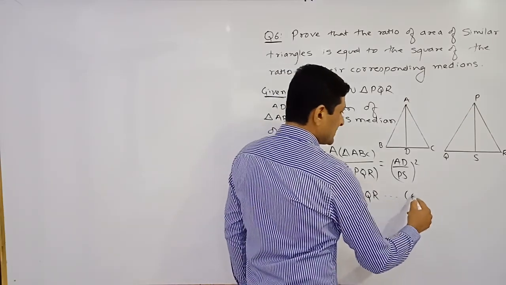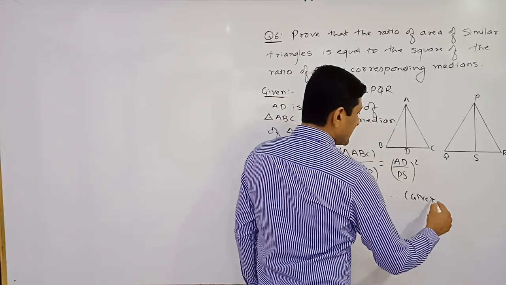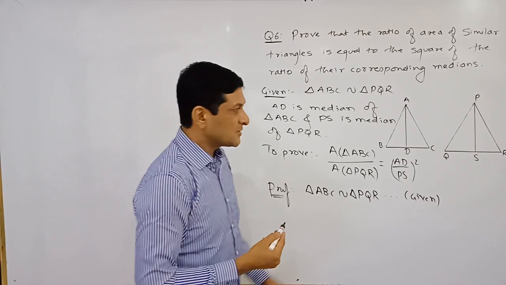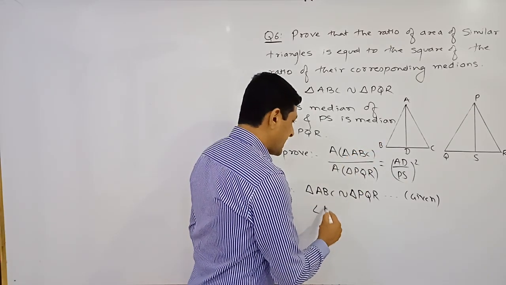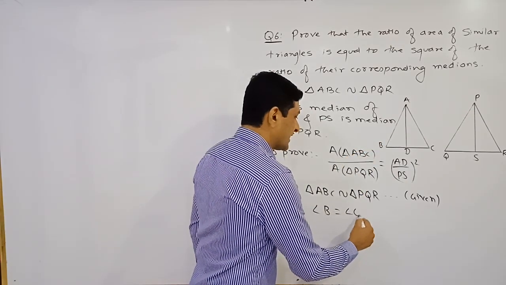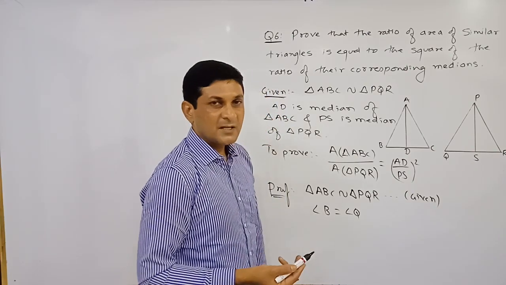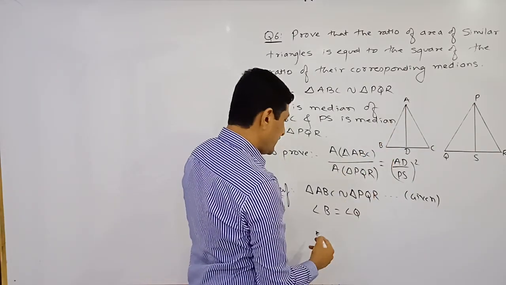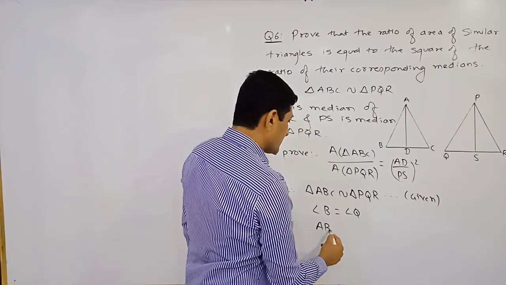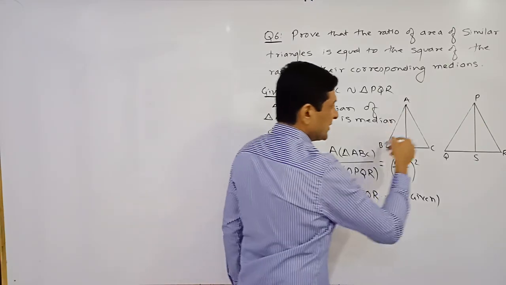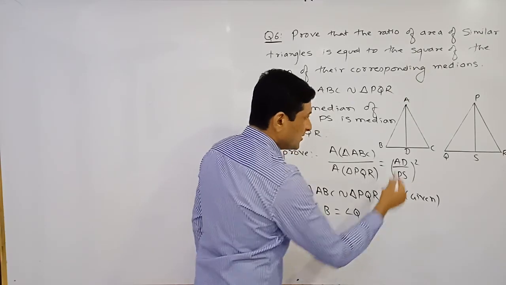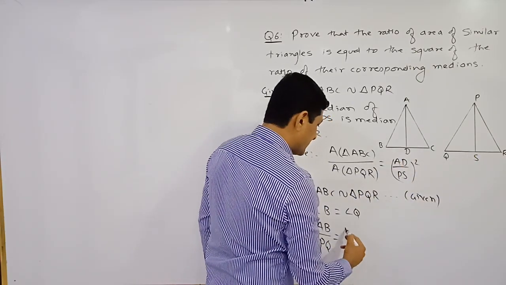It is given to us, and we know that if two triangles are similar, then corresponding angles are also equal. So here we can say that angle B is equal to angle Q, and even corresponding sides are in proportion. So we get AB upon PQ, which is the corresponding side of AB, will be equal to BC upon QR.